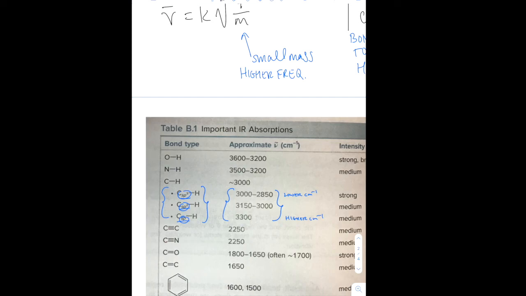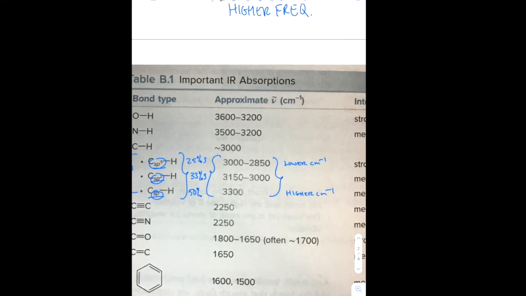We have 25% s, 33% s, and then 50% s. And remember, the strengths of those bonds are going to vary, where we're going to have stronger C-H bonds for the C-sp H.